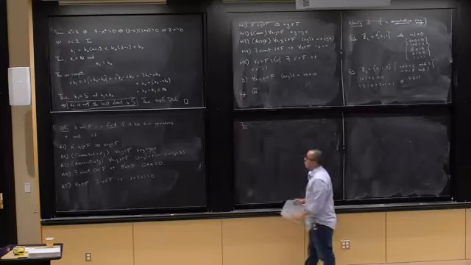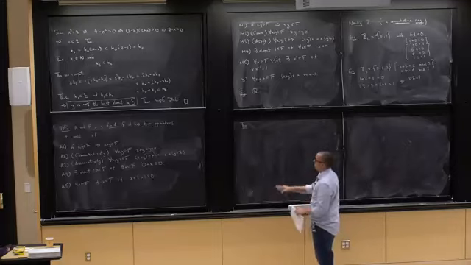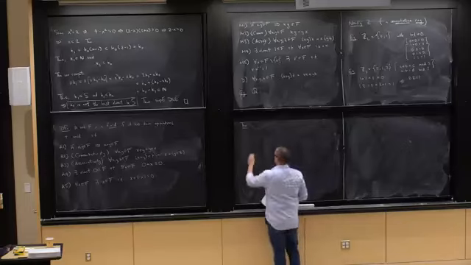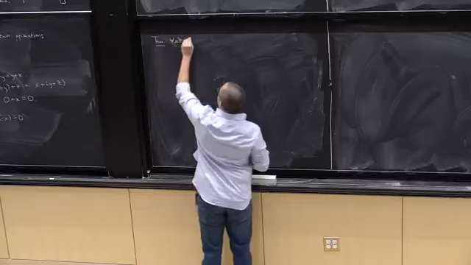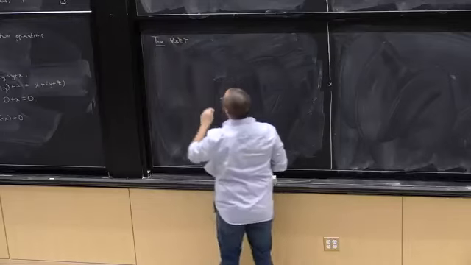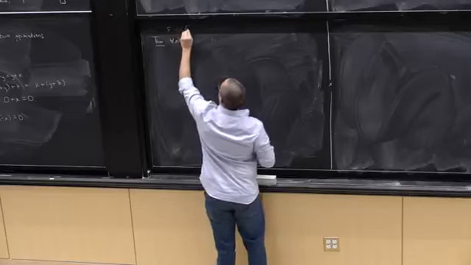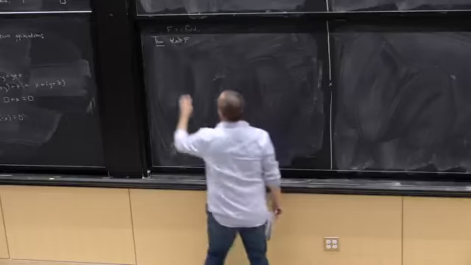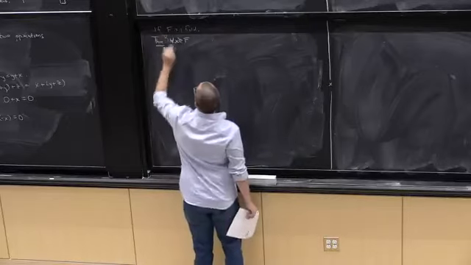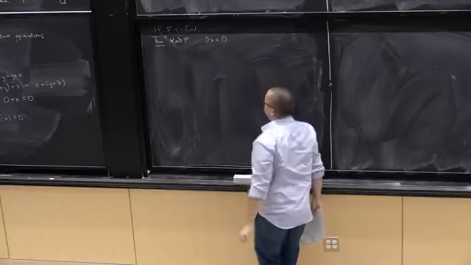So for example, let me give you the silliest example of a statement you can prove using these axioms. You can prove that if F is a field, then for all x in F, 0 times x is 0.